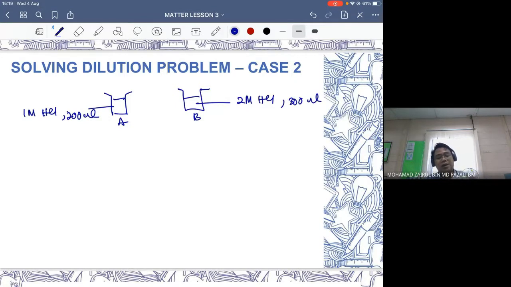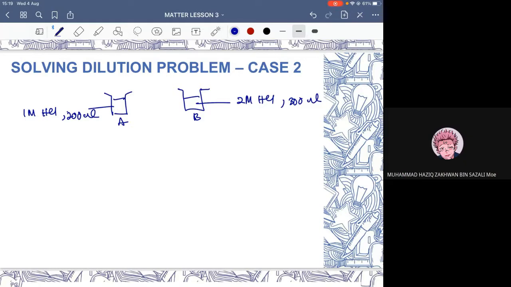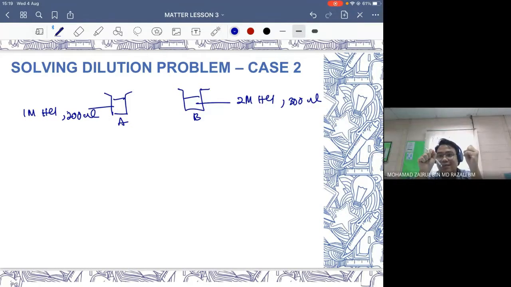Okay, number of mole dia akan sama ke tak kalau awak mixkan dua-dua solution ni? Number of mole dia. Tak kan? Sebab number of mole dalam beaker A lain. Sebab molarity dia berbeza dengan volume berbeza. Dekat beaker B, the mole is different.